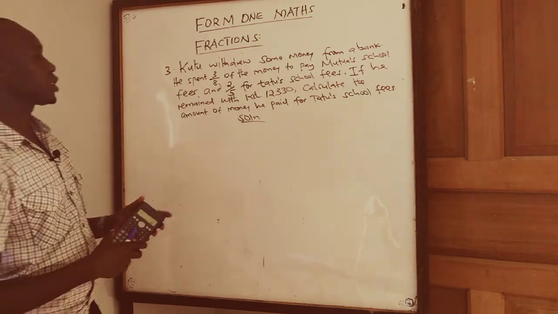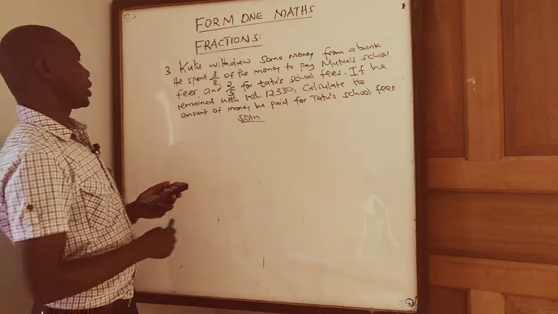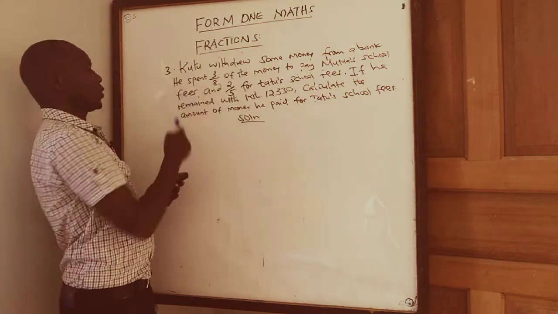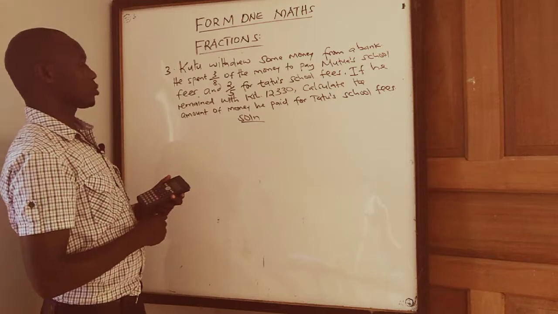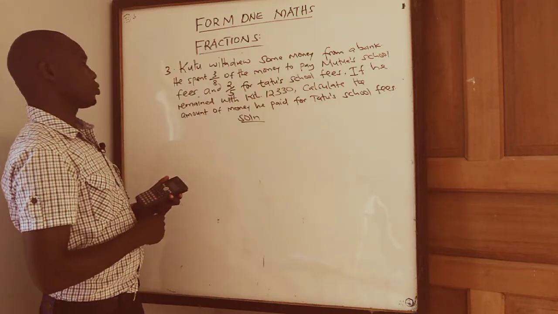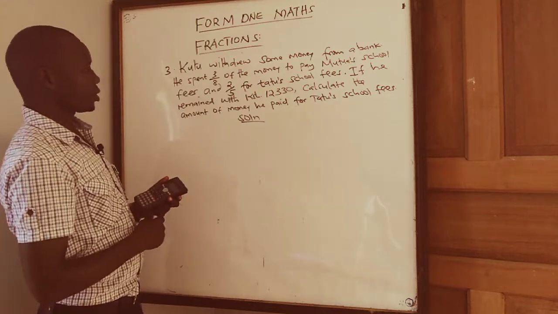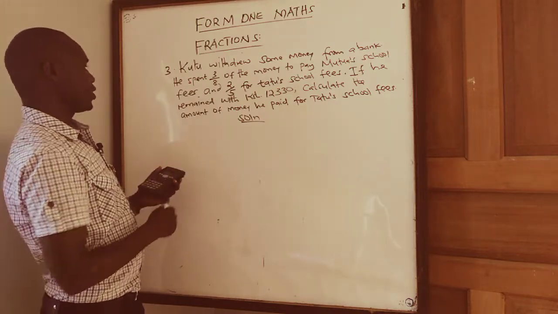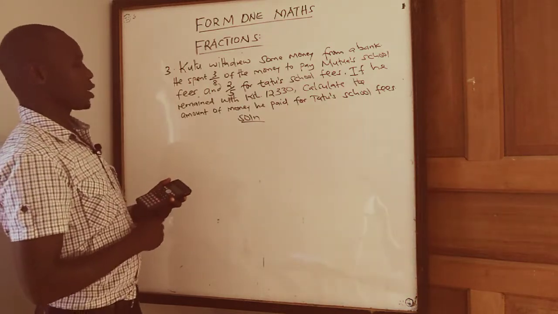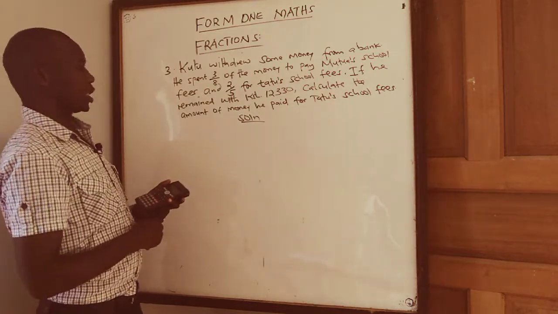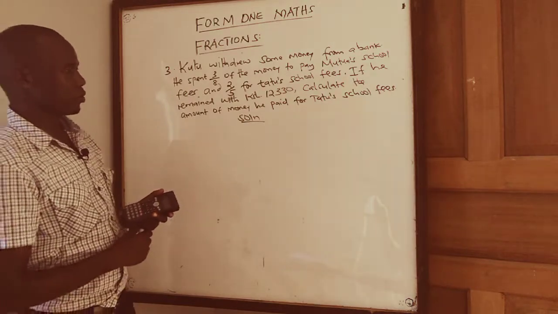The question reads, Kutu withdrew some money from a bank. Then he spent 3/8 of the money to pay Mutua's school fees and 2/5 for Tatu's school fees. If he remained with a total of Kenya shillings 12,330, calculate the amount of money he paid for Tatu's school fees.